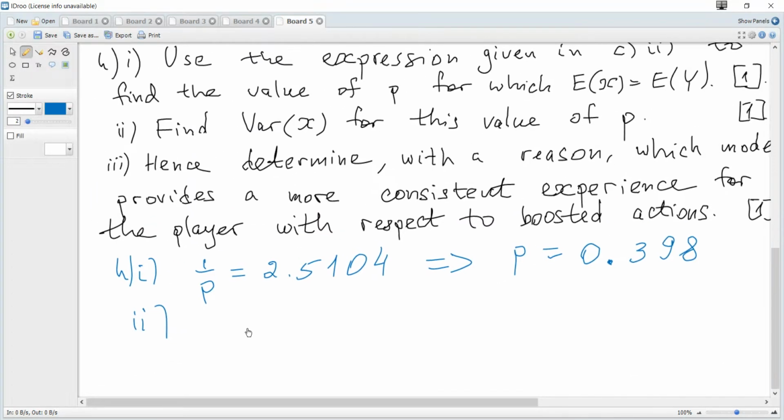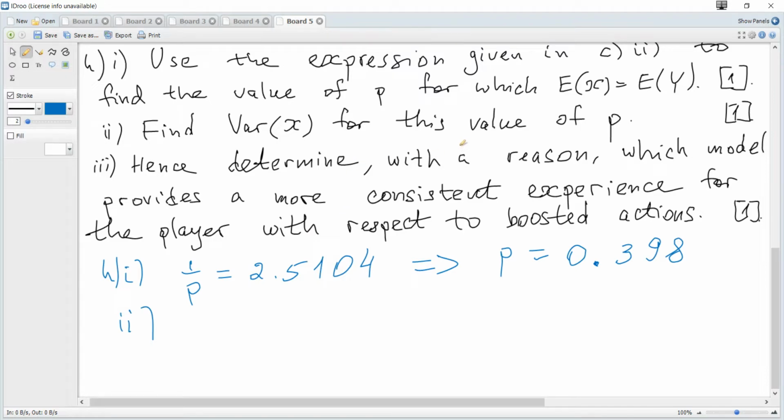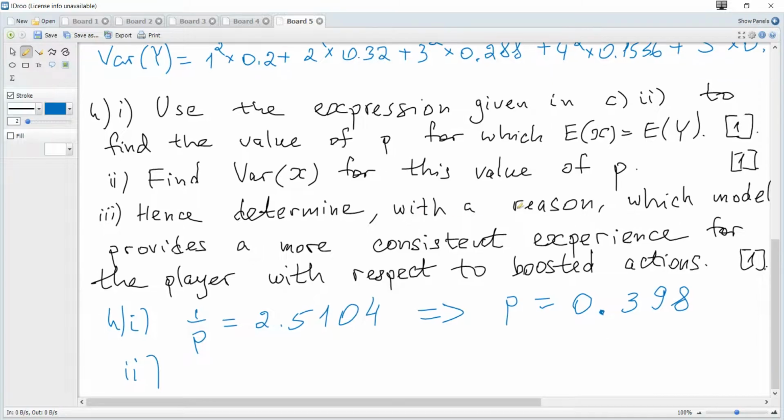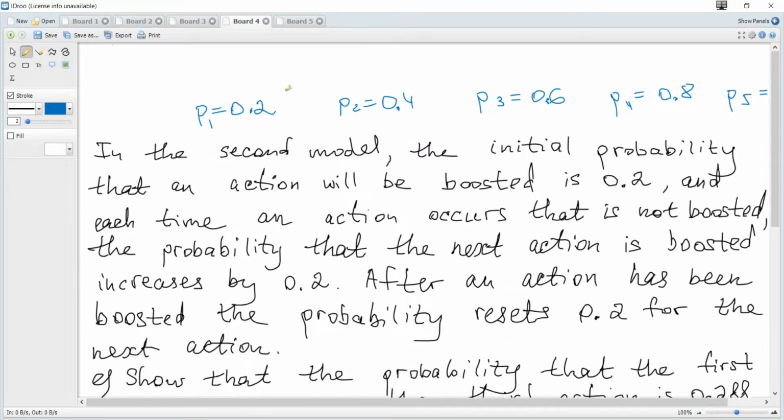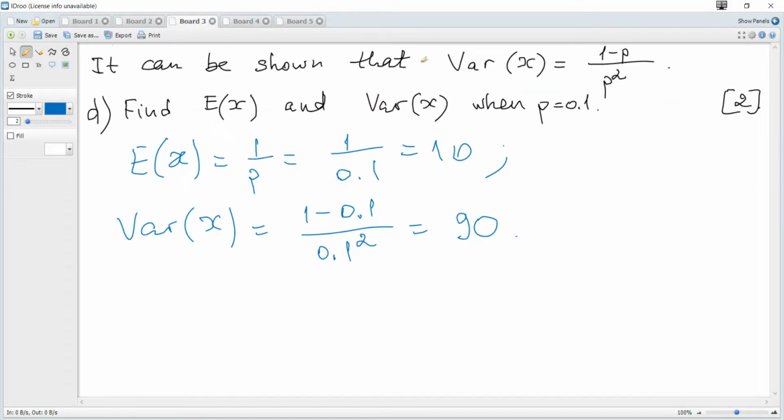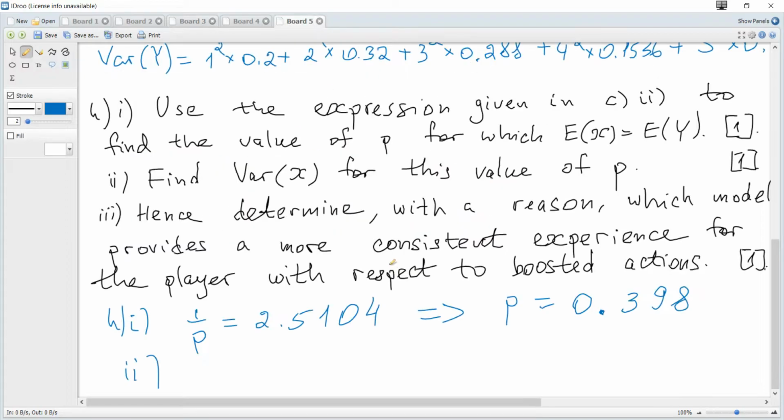The next, find variance of x for this value of p. You remember this formula. It is given, variance of x is 1 minus p over p squared.